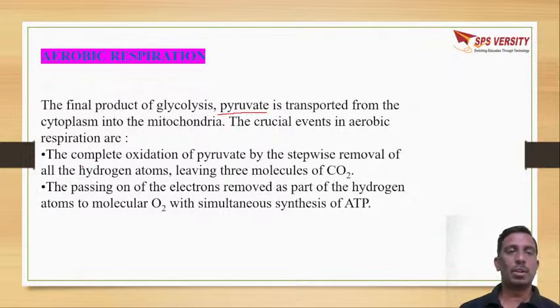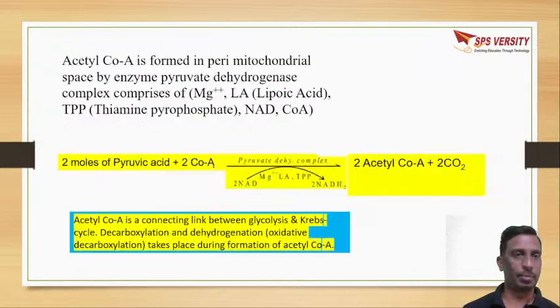In mitochondria, we can see the complete oxidation of pyruvate stepwise, where after oxidation we can see electron transport also, where oxygen is the final acceptor of hydrogens and electrons for the synthesis of ATP.